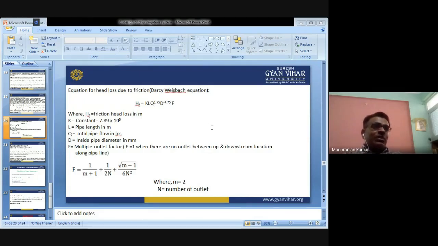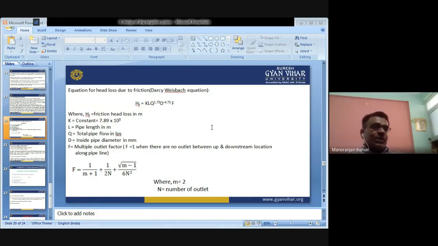L is the length of pipe in meter. Q is the total pipe flow in LPS. D is the inside pipe diameter in mm. F is the multiple outlet factor. You can take F equal to 1 when there are no outlets between the upstream and downstream locations along the pipeline.